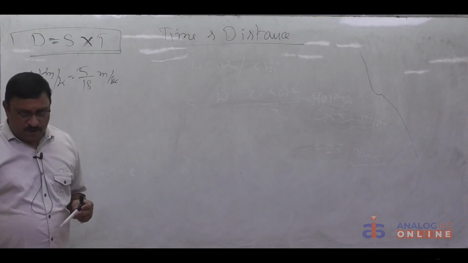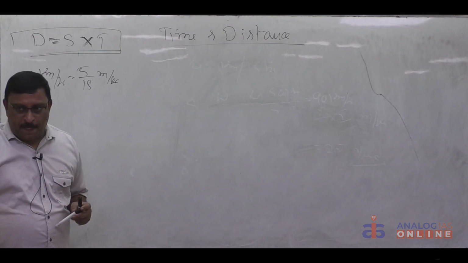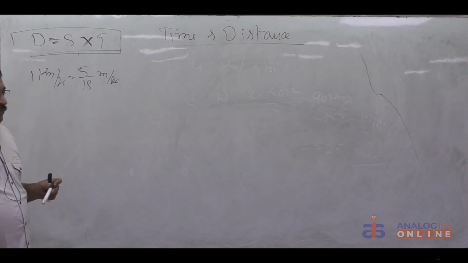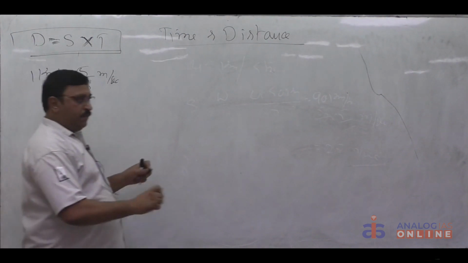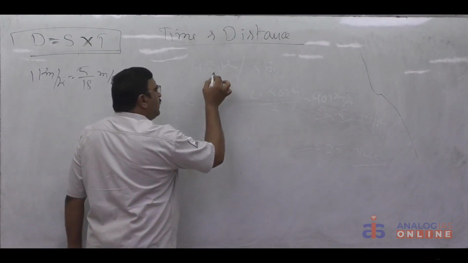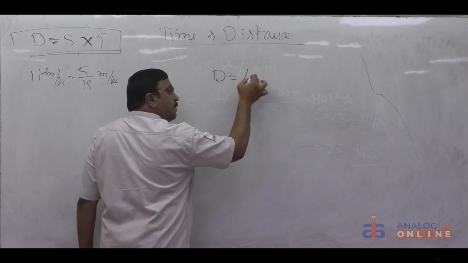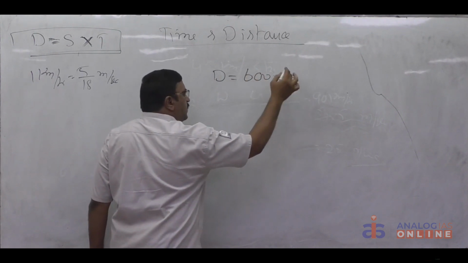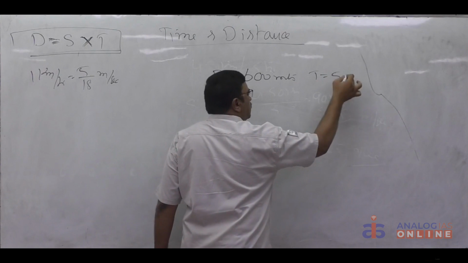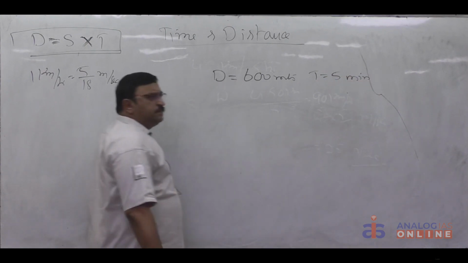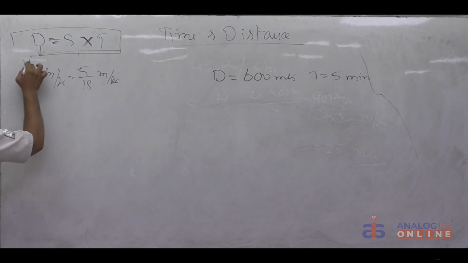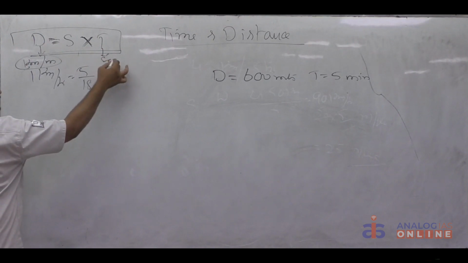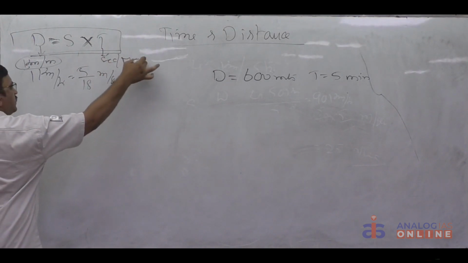7.2 kilometer per hour. Okay, the distance given is 600 meters and the time is how many minutes? 5 minutes. See, generally distance is given in kilometers or meters, and time is given in seconds, minutes or hours.